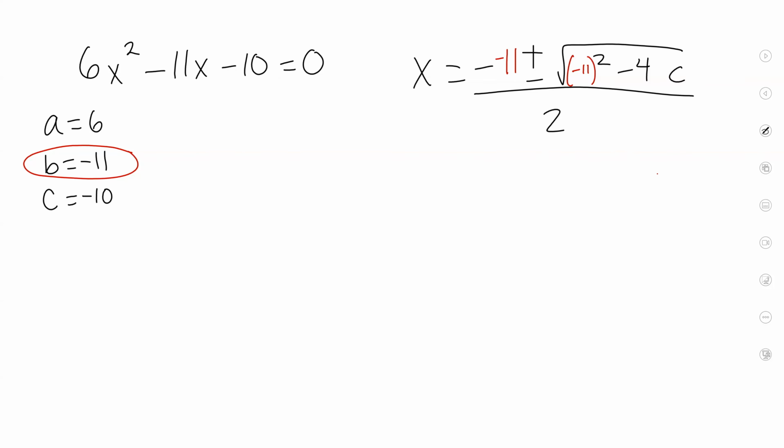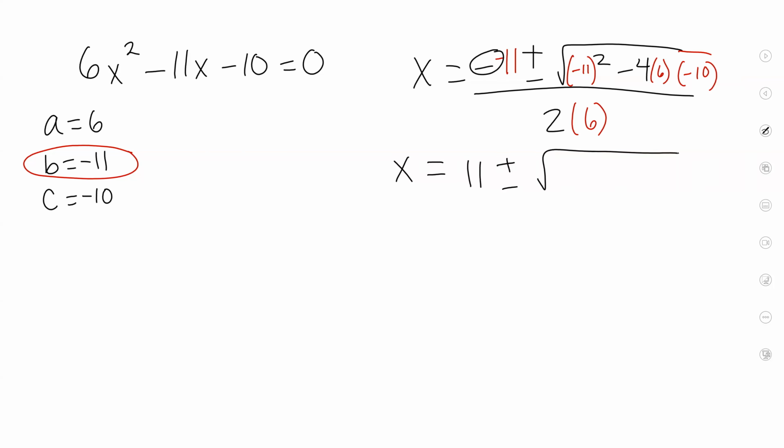So I'm going to get x is equal to, these two negatives make this positive. So this will be positive 11 plus or minus negative 11 squared, 121. Minus, now let me highlight this so we can see what I'm doing. I want to do 4 times 6 times negative 10.